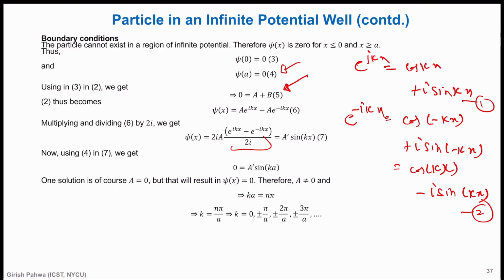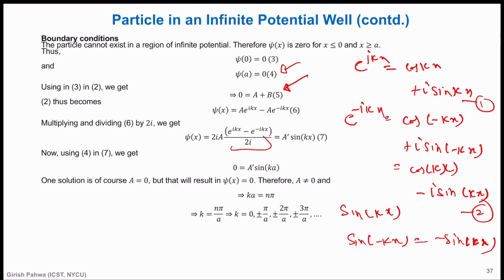But do I need to have these minus values? Not really, because it depends on case to case. It's not that in general you have to discard the negative values, but in this case you will be able to, because if I replace k with minus k, that is simply going to be minus of sine kx. Is it going to give me some new wave function?